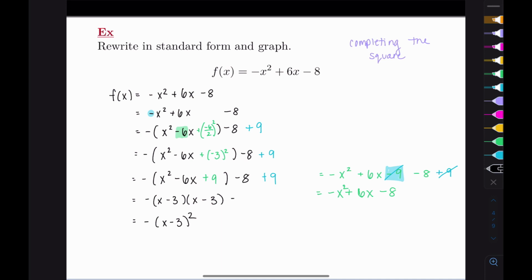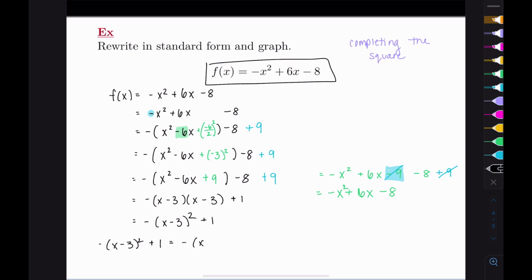Because then from here, we can condense the negative 8 plus 9, and we end up with this expression. And again, I can check myself. I can check that I've done this correctly. So negative 8 plus 9 is positive 1. If I were to actually distribute this whole thing out, I should get the parabola that I started with.